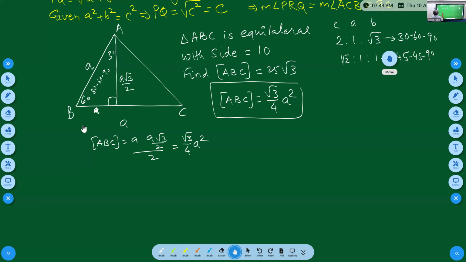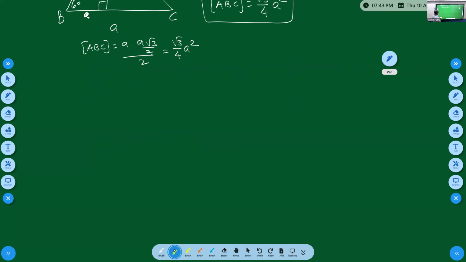Next question. In quadrilateral ABCD, measure of angle ADC is equal to 90. AB is equal to 28.